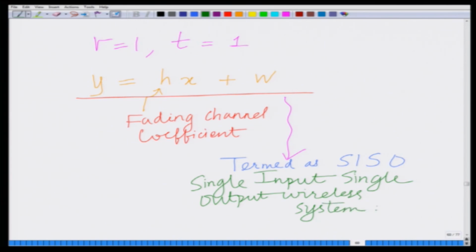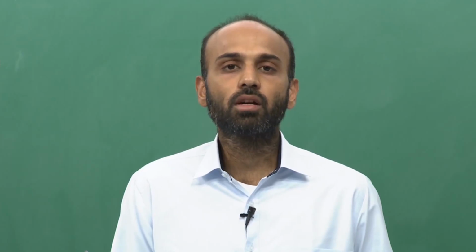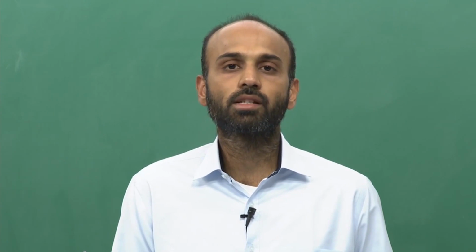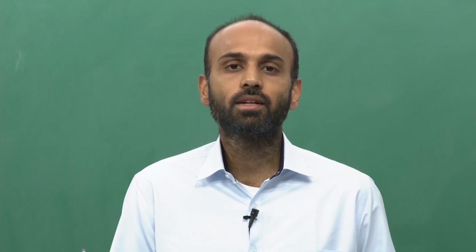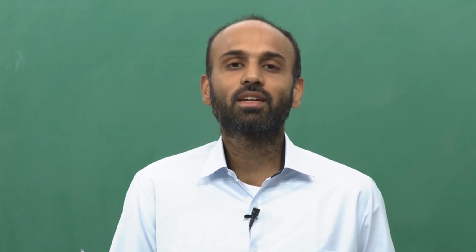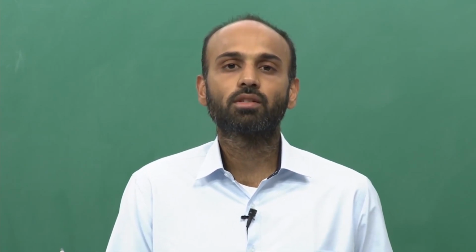So, when we have R equal to 1 and T equal to 1, we are back to the standard scenario, which is basically a single input single output wireless communication system, also known as a SISO wireless communication system. Alright. So, these are the various special cases of a MIMO system.